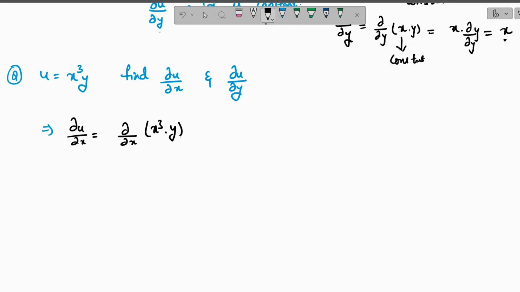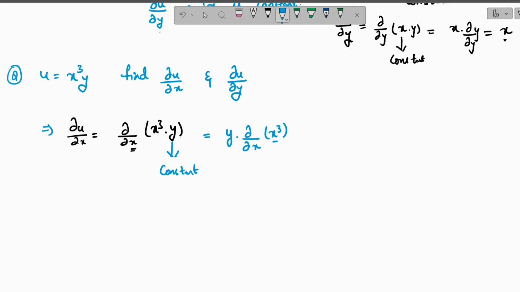Here we are differentiating with respect to x. So y should be treated as a constant here. Y is a constant parameter. So constant parameters you have to take out. Y dot dou by dou x, x cube.